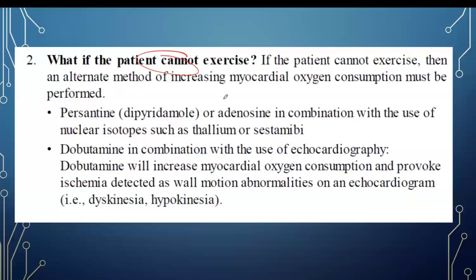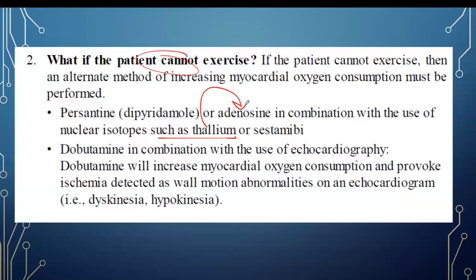You can do a nuclear thallium scan plus giving a chemical which will increase the myocardial oxygen consumption. Again, for a patient who cannot exercise, you need to make the heart run so that it works exactly the same way as for someone who is actually running on a treadmill.